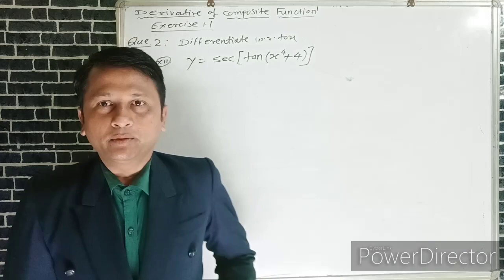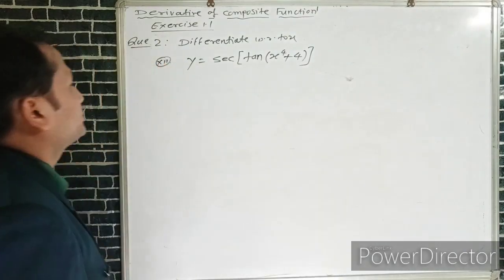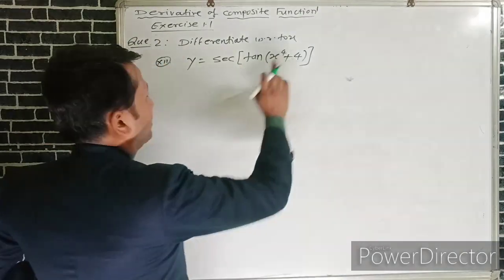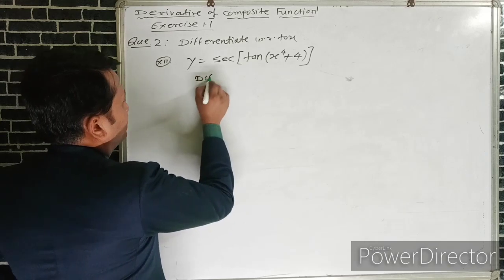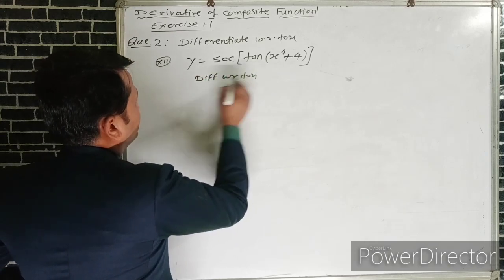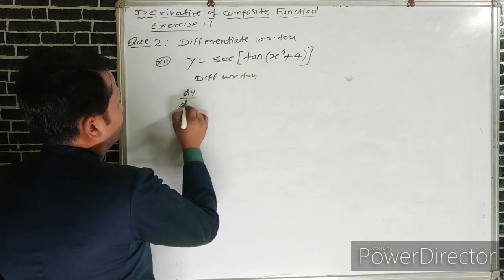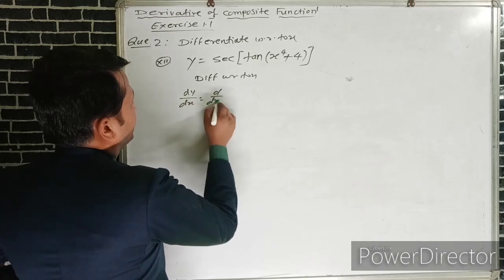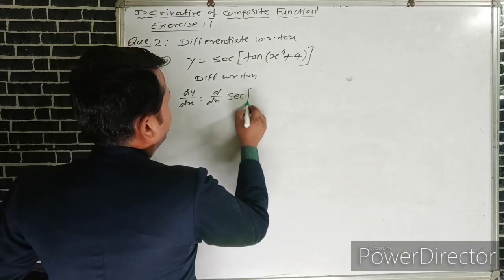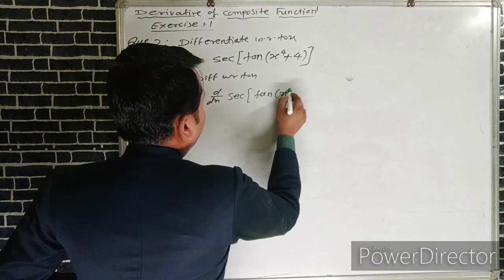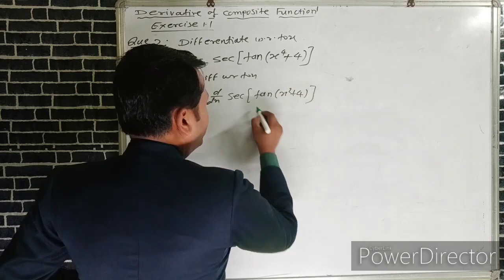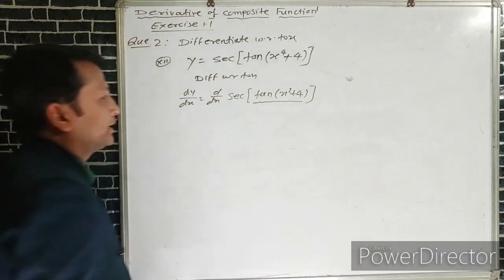Next example, y is equal to sec of tan of x square plus 4. If we differentiate with respect to x, then we get the derivative of y, dy by dx. Then again we can write d upon dx of sec of tan of x square plus 4. Here we can consider the whole bracket as x.